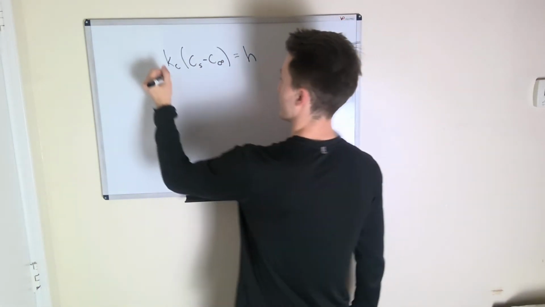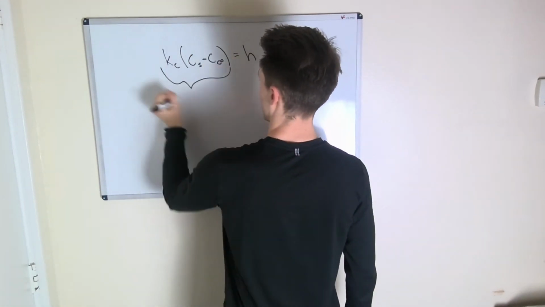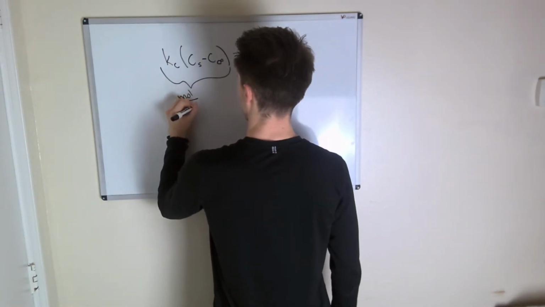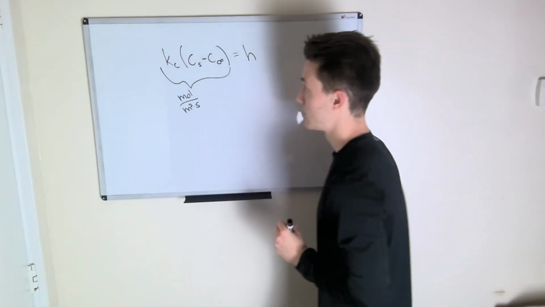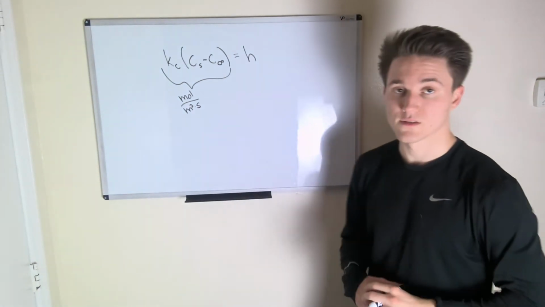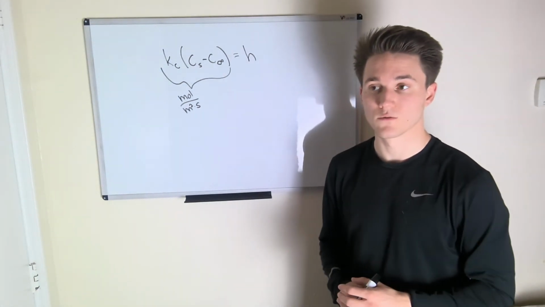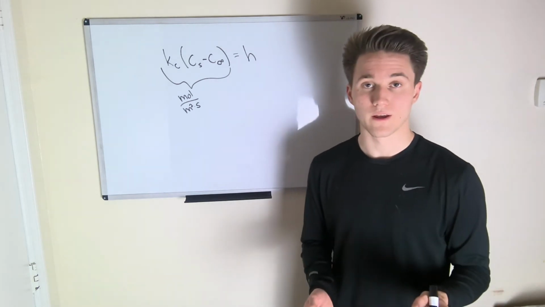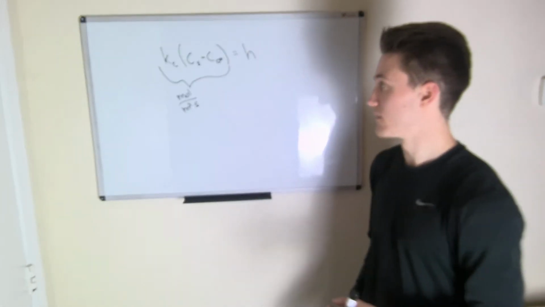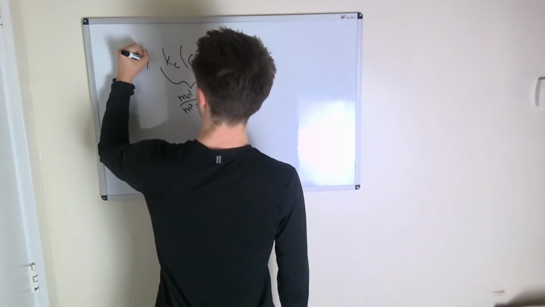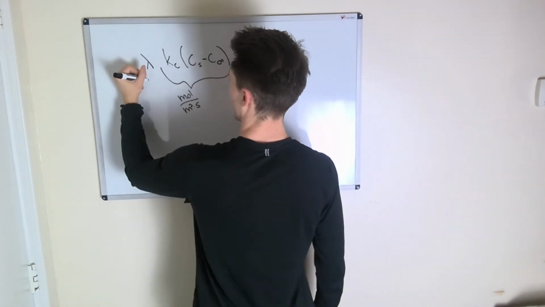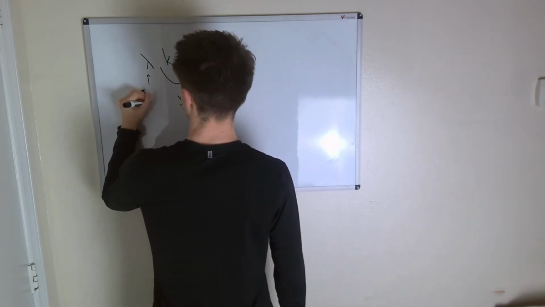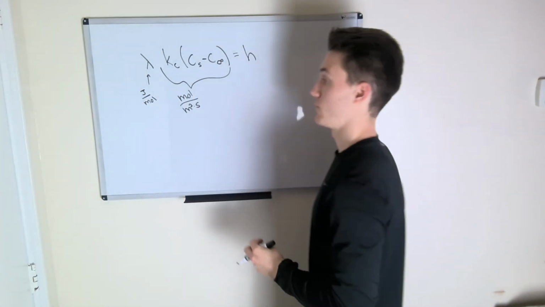And this right here is going to be our flux, which has units of moles per meter squared per second. And also on this side of our energy balance, we need a heat source so that the water vapor is able to evaporate into the air. And that is given by lambda, which is the heat of vaporization, and that is in units of joules per mole.